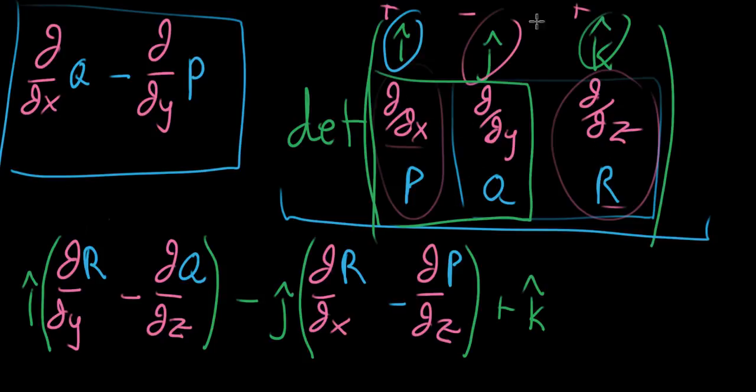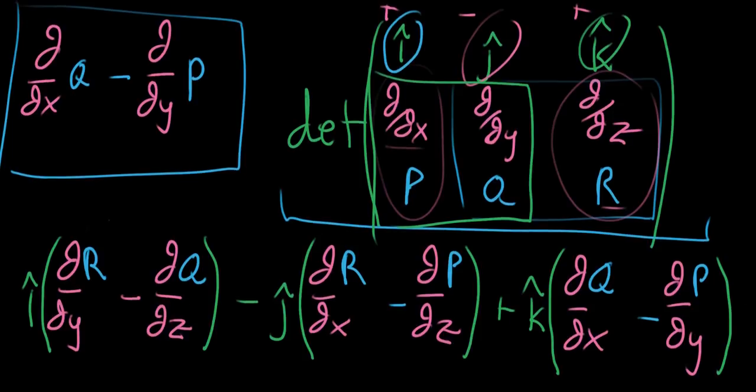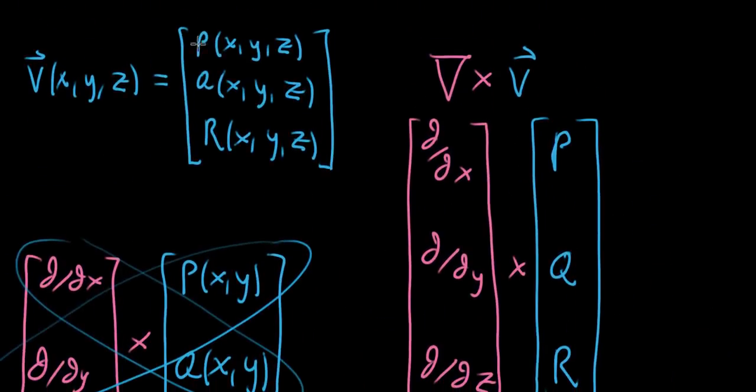That is going to be partial x of Q minus partial y of P, the partial derivative with respect to y of the multivariable function P. And that entire expression is the three-dimensional curl of the function whose components are P, Q, and R.